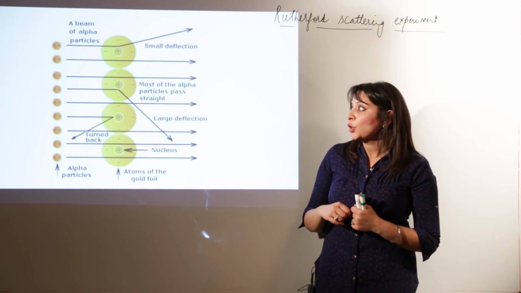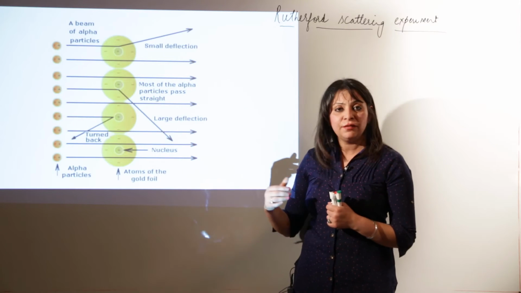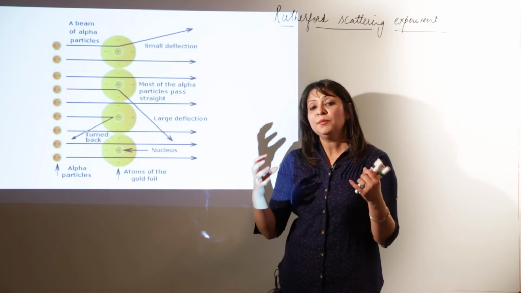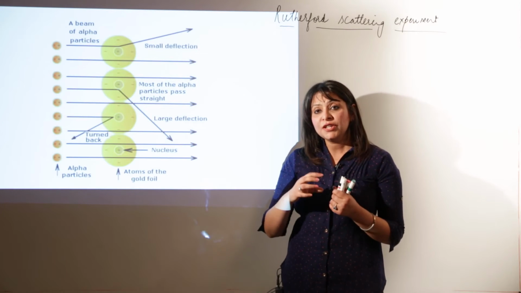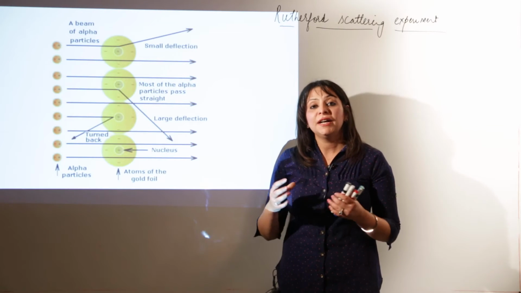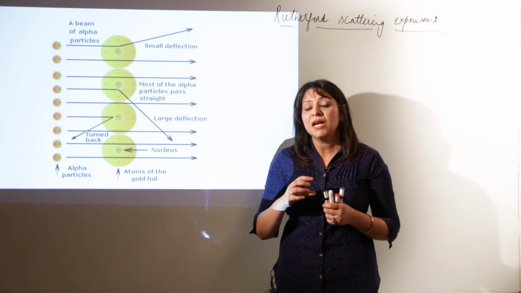And as he saw the small and large deflections, that means the alpha particles actually encountered some dense body which leads to the deflection in them. Whether the deflection is small or large, they hit some dense concentrated mass.